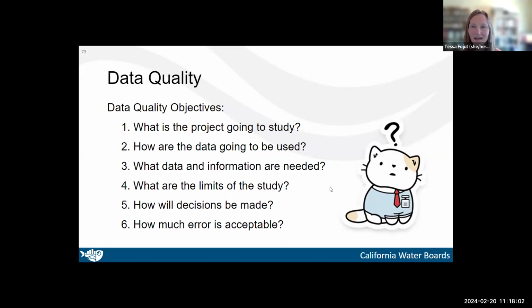So just think it out and lay it out in language people can understand in the future too. What data and information are needed, what are the limits, what decisions will be made, how much error is acceptable. Those are the high level questions, and then the workbook takes you through how to get to the more detailed answers.